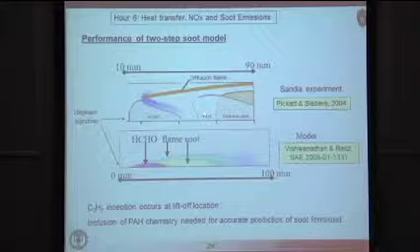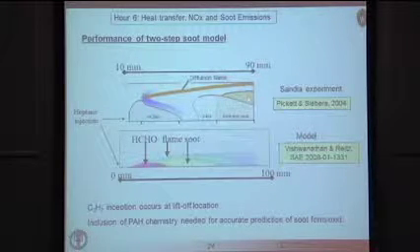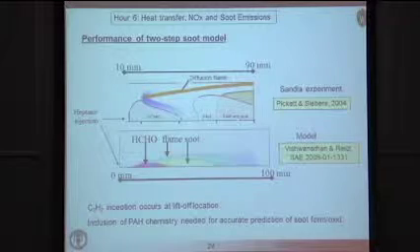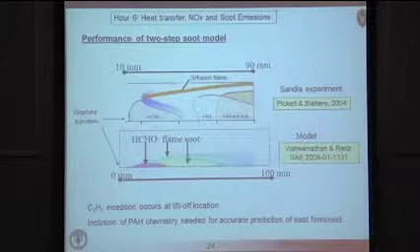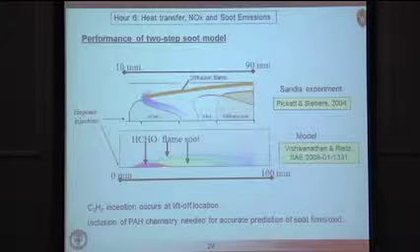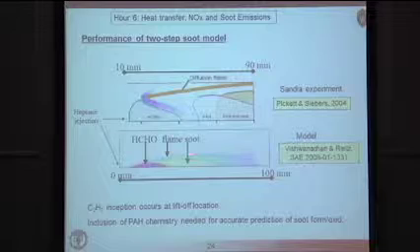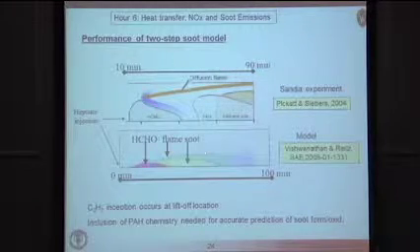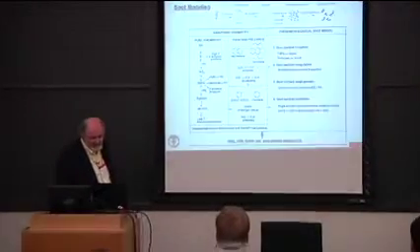Then there are regions where PAHs appear, and then eventually soot. So this whole process is not represented when you use the simple two-step model. In fact, here we see our simulations. We get nice agreement with the location of the formaldehyde, reasonable agreement with the location of the flame, but we get the soot occurring right from the beginning.